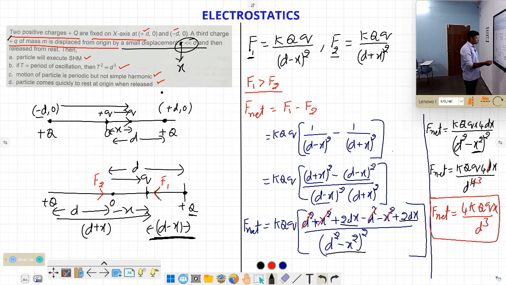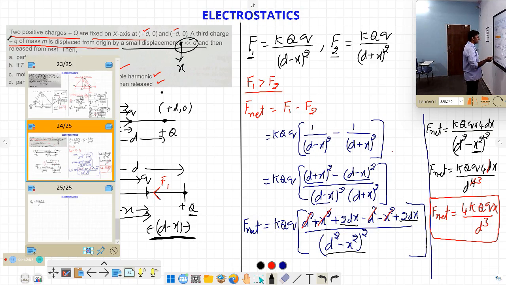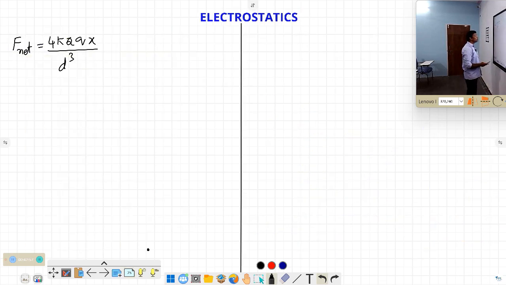So whenever you observe simple harmonic motion terms, you have to go for the simple harmonic based concept. Whenever simple harmonic motion takes place, a certain force is required to oscillate a particular body. So here the net force created on the charge creates the oscillation of the charge. That is the meaning of this.